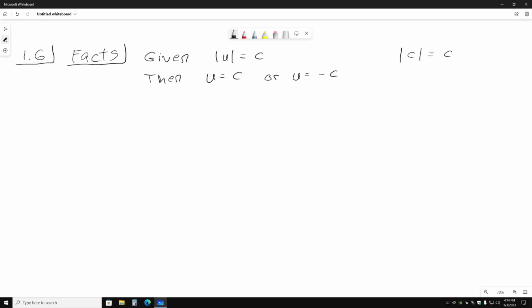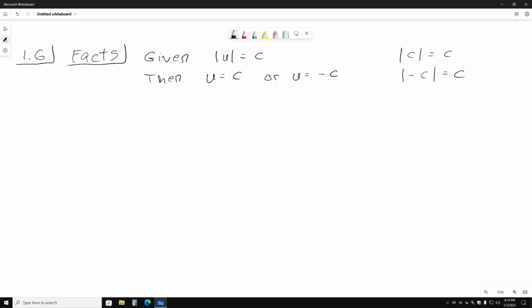And if we plug negative c into the absolute value function, again we will get positive c. In both cases we get this positive c. That means we need to solve an equation where u is equal to the positive c value or the negative c value. And by solving both of these, we solve the original equation.